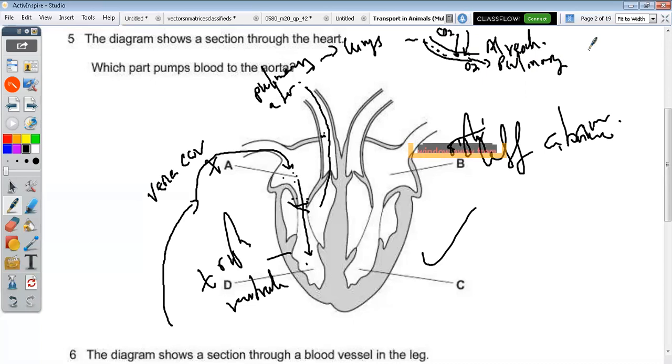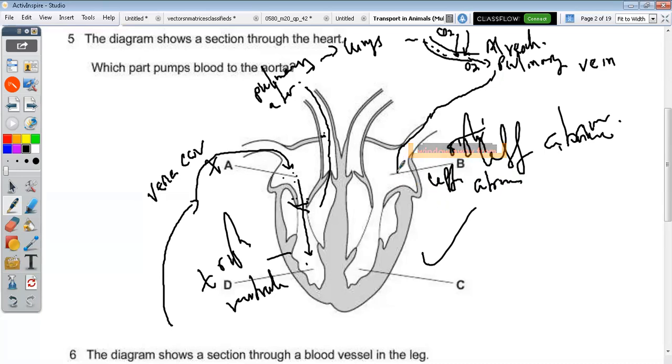Pulmonary vein. Yeah. Remember I said this is an exception, right? It is oxygenated blood. This pulmonary vein now takes the oxygenated blood from the lungs to the left atrium. Clear?